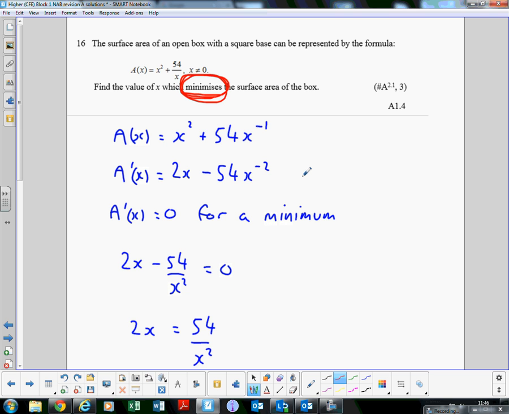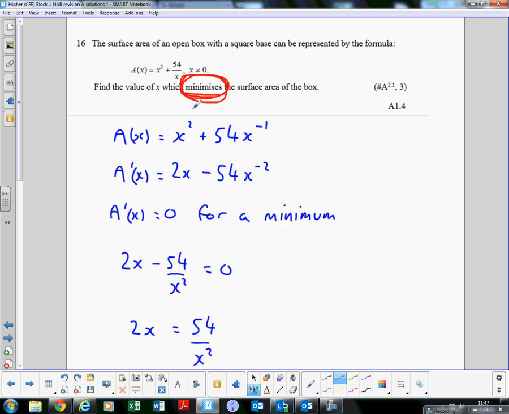In an optimization question, we need to differentiate. We need to set it equal to 0, because for a minimum or a maximum value, the derivative is 0. We then solve the equation that we're left with to find the value of x. So let's do that.